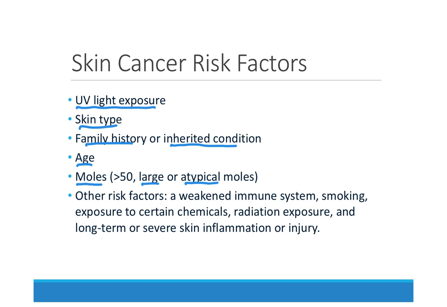And then if you're someone who's suffering from a weakened immune system because of some other condition, or you are challenging your body by putting in the chemicals that are part of smoking, or you are getting excess levels of radiation, say you are a pilot, and so you're often flying at higher altitudes, so you get greater cosmic radiation exposure, or a long-term skin inflammation or injury, these can all also be risk factors for cells to go bad and become cancerous.